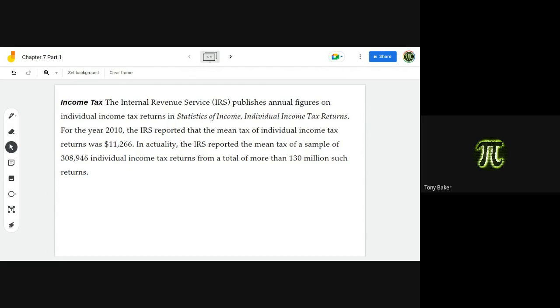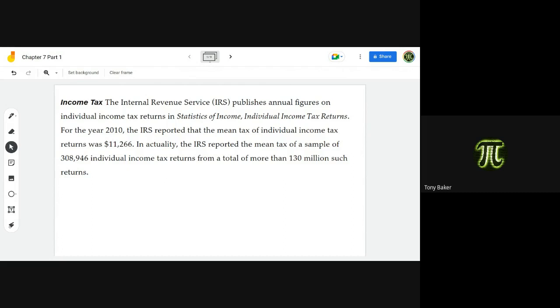Is the mean of the 308,946 the exact same as the mean of all 130 million? Why? Okay. Could it be the same? They could be the same. Be lucky.